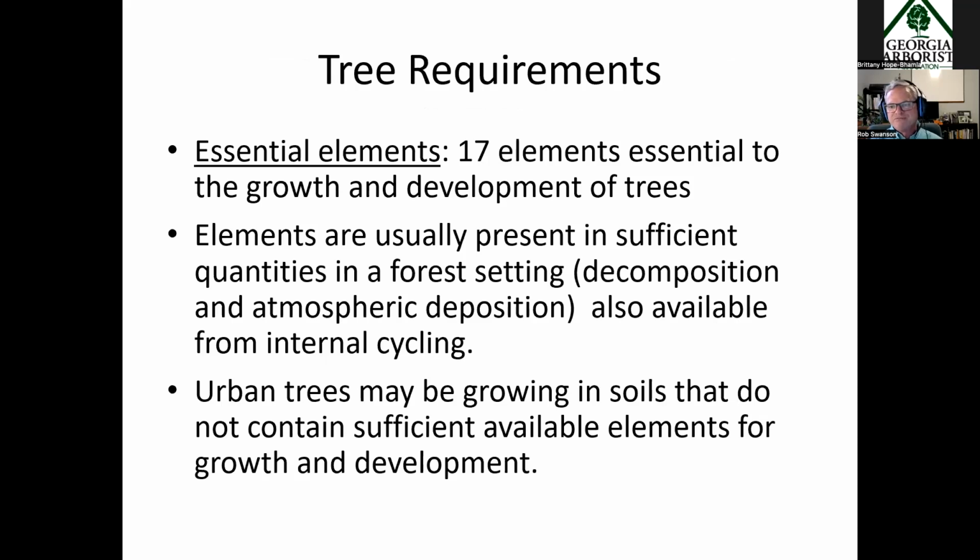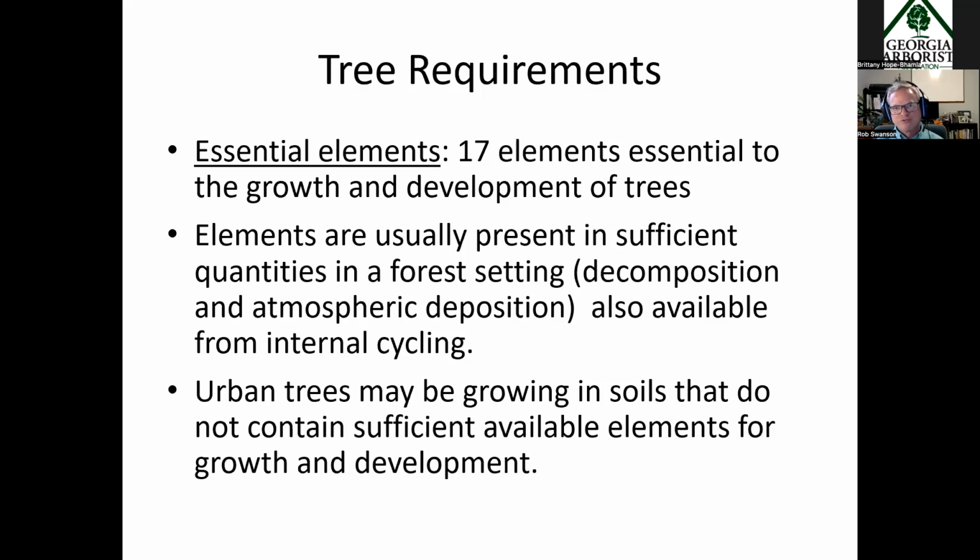There are 17 of these essential elements that trees need to grow and develop to reach their genetic potential. Most of these elements are usually present in sufficient quantities in a forest setting. So remember, we're studying arboriculture, and arboriculture is the study of trees as individual entities and not as forest ecosystems.